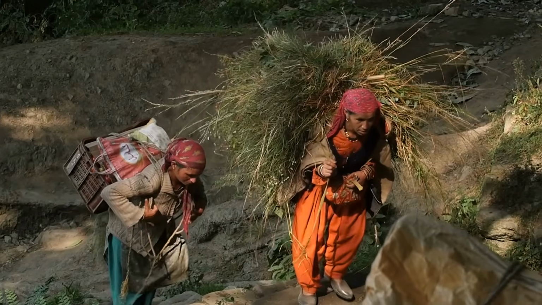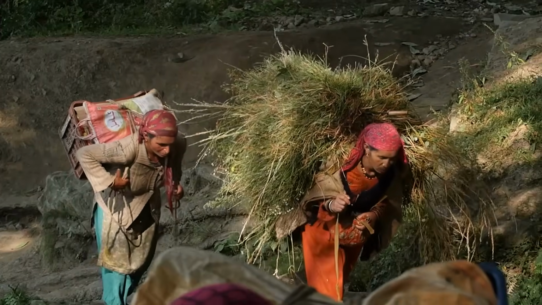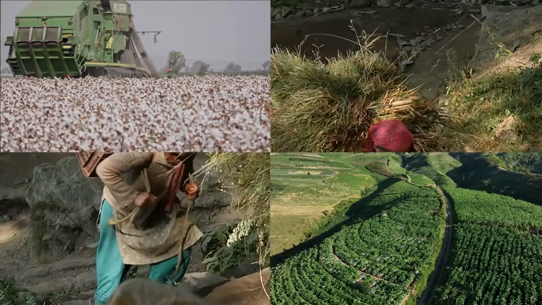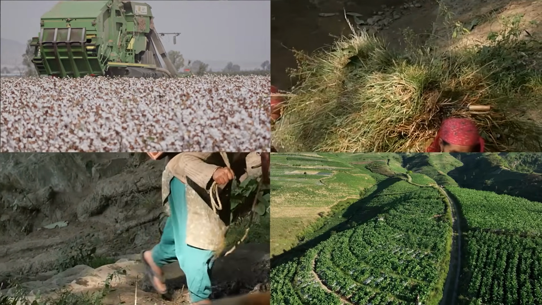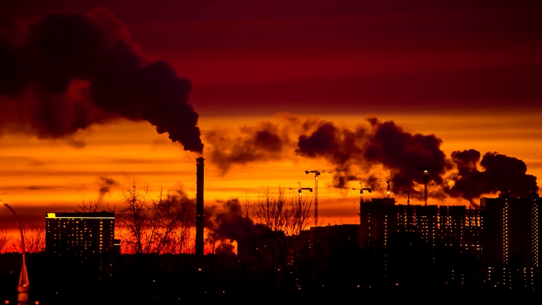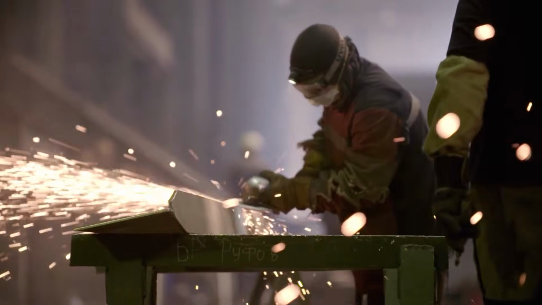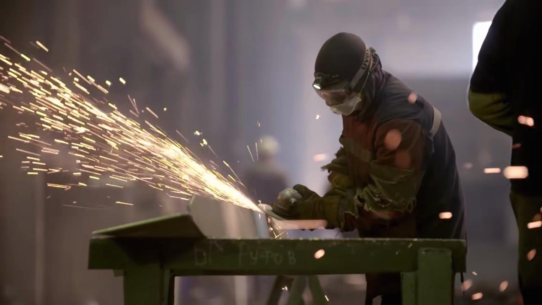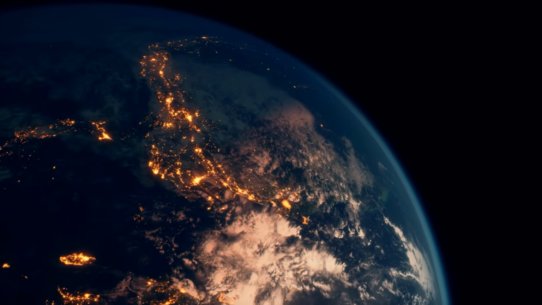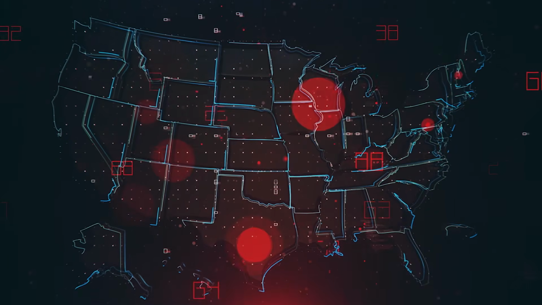The plantation system, heavily reliant on enslaved labor, fueled the South's cotton and tobacco industries, making it the economic engine of the nation. As the northern states industrialized and embraced a more diverse economy, they began to distance themselves from the institution of slavery. This divergence in economic interests deepened the sectionalism between the North and the South.